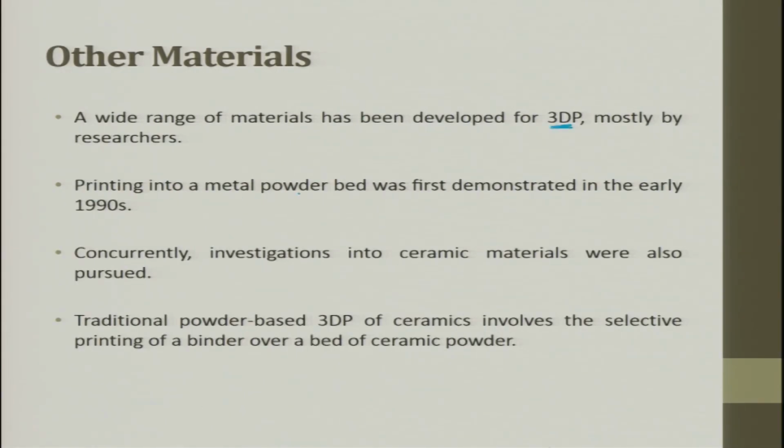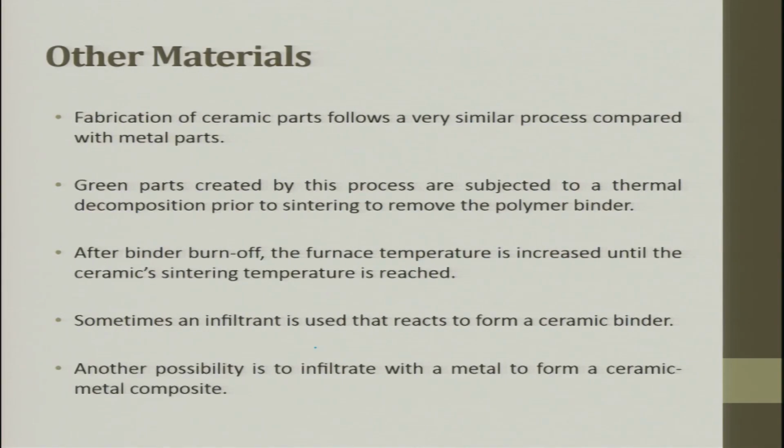Printing into a metal powder bed was first demonstrated in the early 1990s. Currently, investigations with ceramic materials are going on. The traditional powder-based 3D printing of ceramics involves the selective printing of a binder over the bed of ceramic powder. The fabrication of ceramic parts follows a very similar process compared with the metal part.